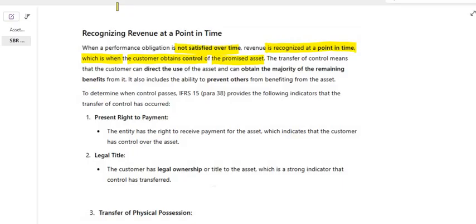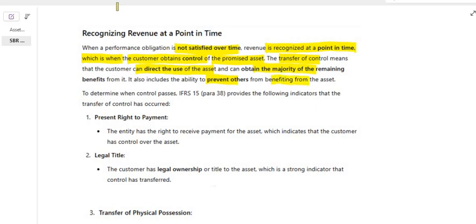It means the asset is transferred, and you have to recognize revenue at a point in time. By transfer of control, we mean that the customer can direct the use of the asset and obtain the majority of the remaining benefits from that asset, and can prevent others from benefiting from that asset.